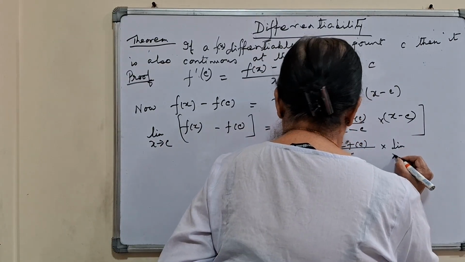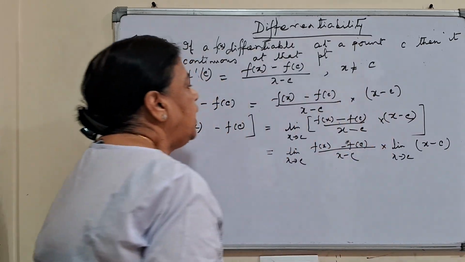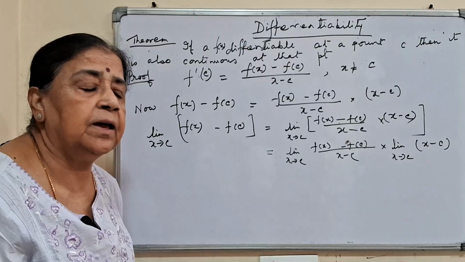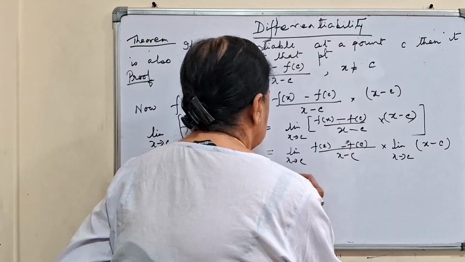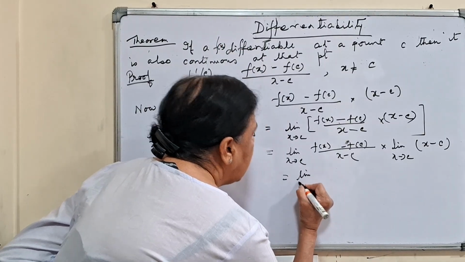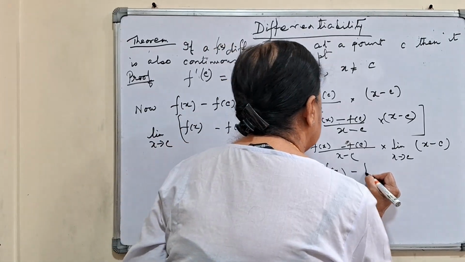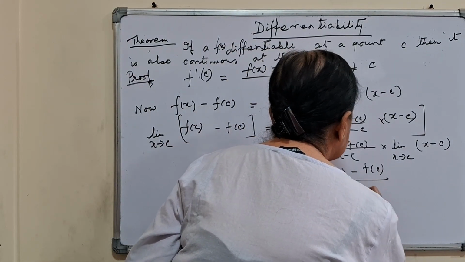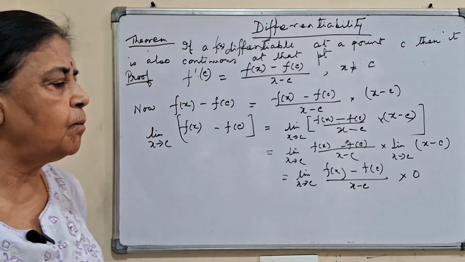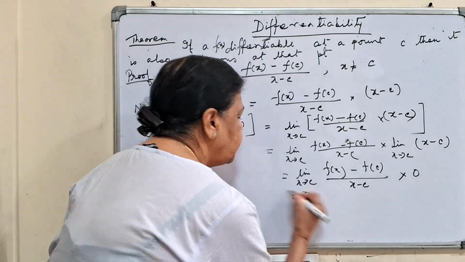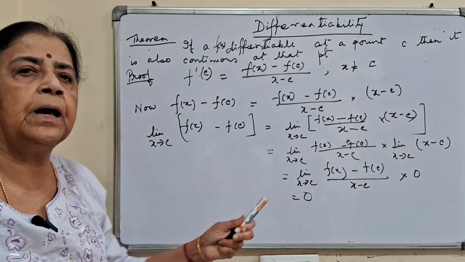Since x is tending towards c, if I put x is c, then it will be 0. So that is equal to limit x tends to c, f(x) minus f(c) divided by x minus c, into 0. The whole thing becomes 0.